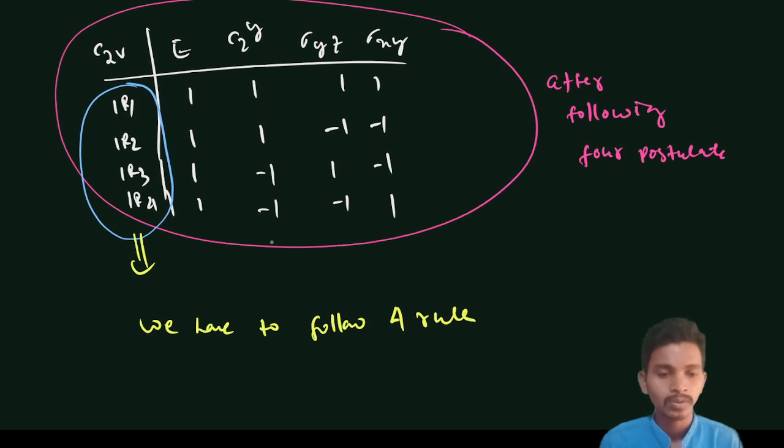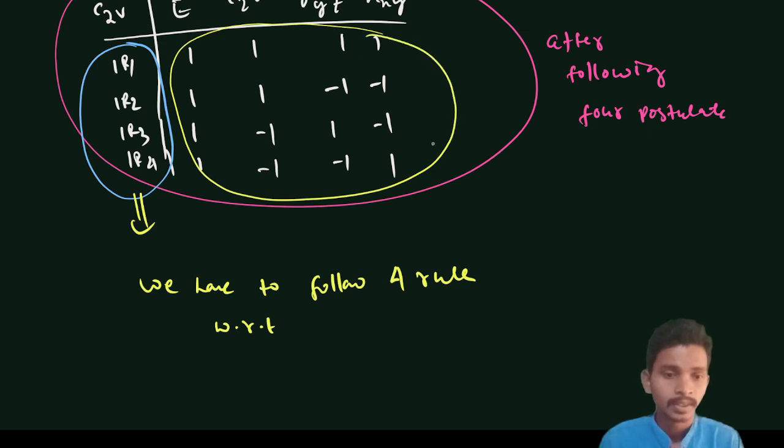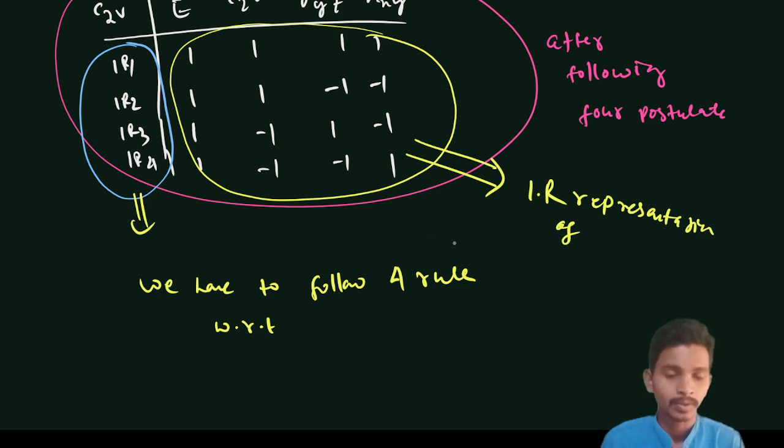These 4 rules are with respect to whatever irreducible representations you get. These are the irreducible representations of this table, or of this point group. So for getting this value, we have to follow 4 rules which are with respect to this irreducible representation.